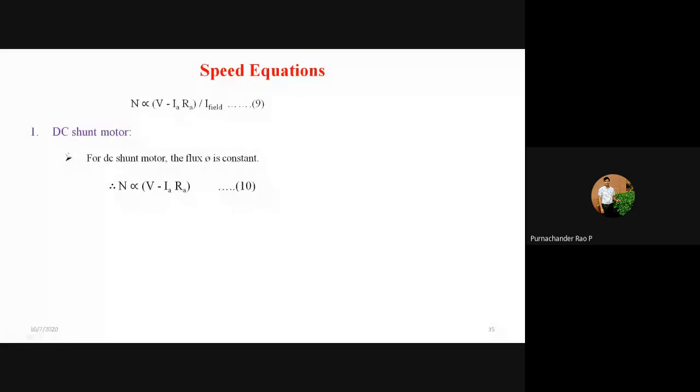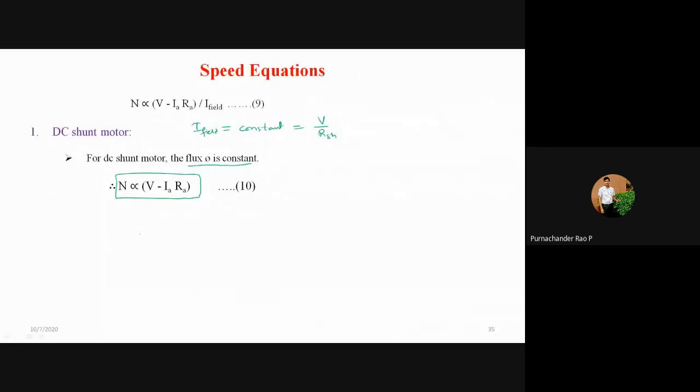For the shunt motor, the field current If is constant, given by the terminal voltage V divided by Rsh, and therefore the flux is also constant. So I can neglect it, and the speed equation can be represented as N proportional to V minus Ia Ra.